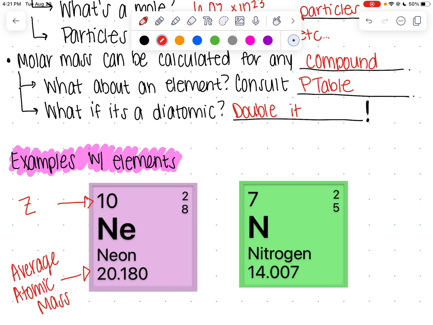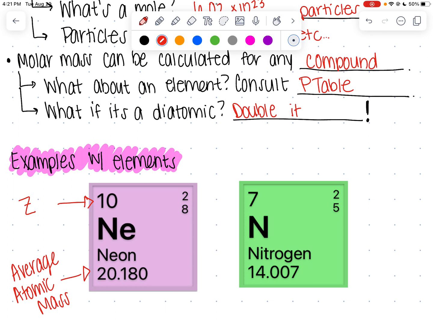So this number at the bottom, the reason why it's written as a decimal is because it takes into account the masses of all isotopes of this element. And then based on their abundances, it says the average value, the average mass of a neon atom is approximately 20.180.